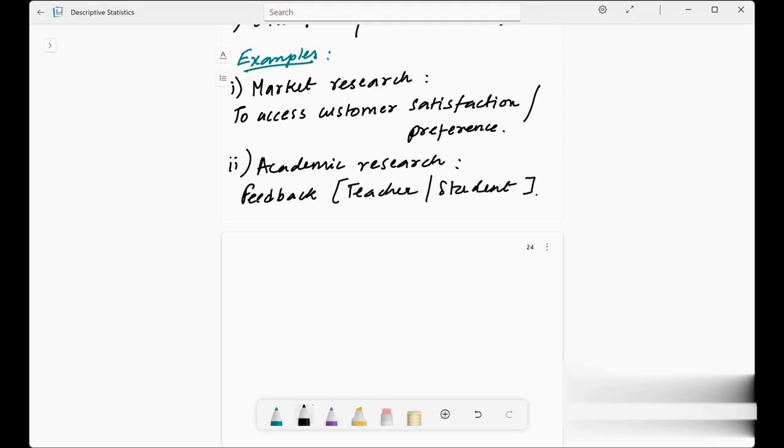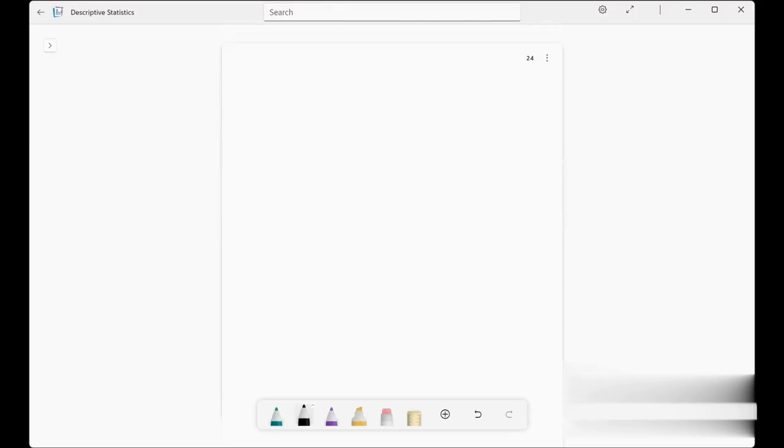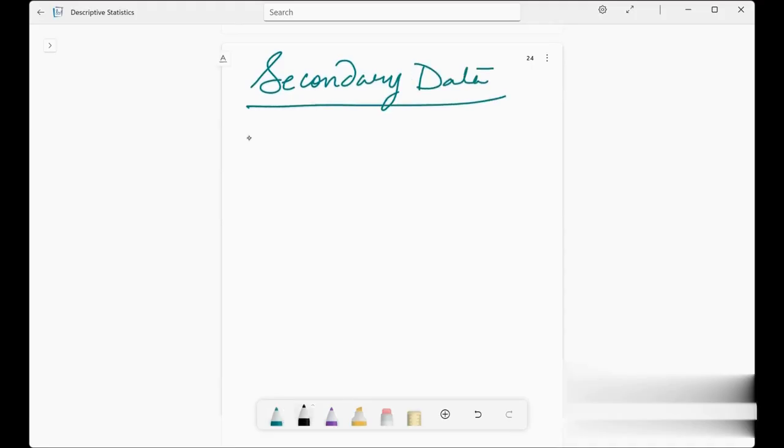Okay. Now we will come to our next topic, which is method of data collection for secondary data. We only had 3 subtopics for it, right? As I already discussed. Published source.